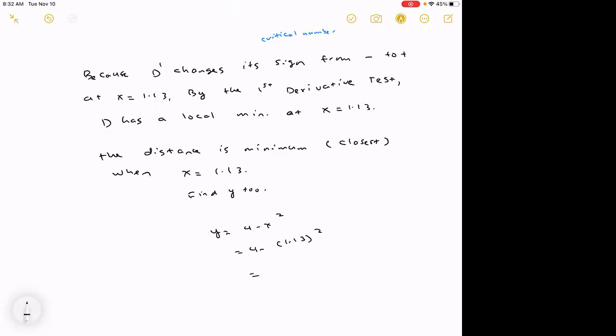If I round to 2 decimal places, it is 2.72. So it is the point. Don't leave your answer like that. You're finding the point, so you have to put it in ordered pair (x, y).